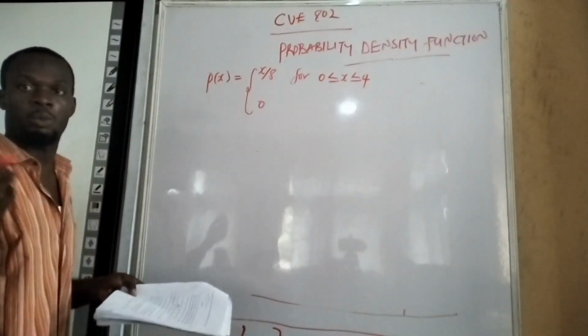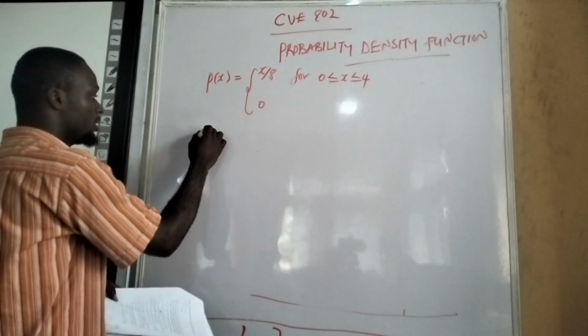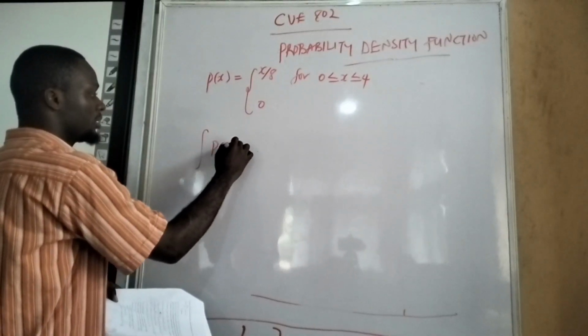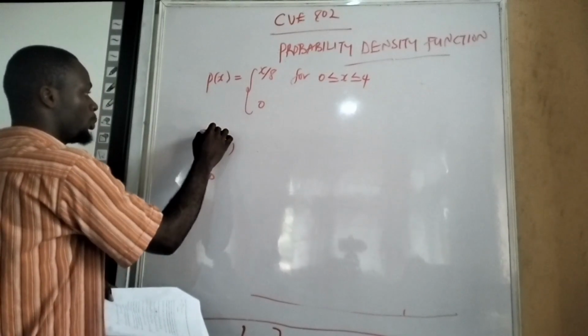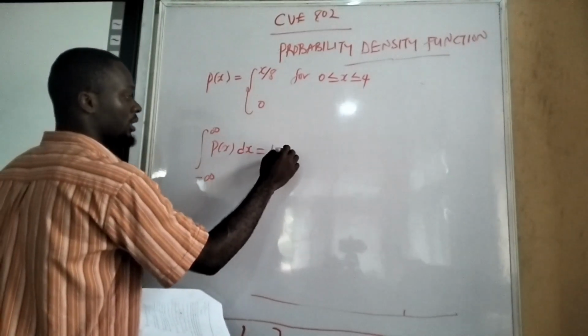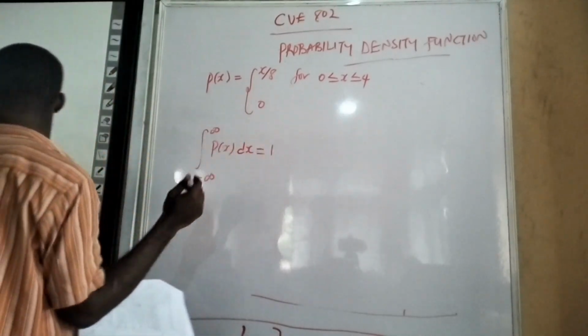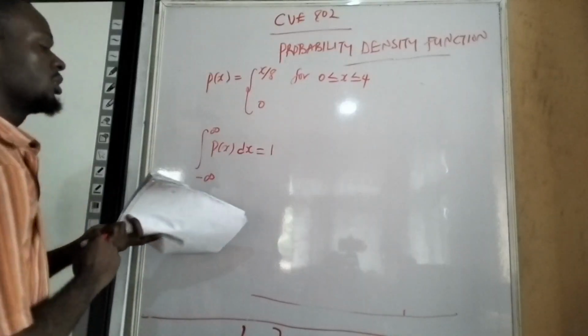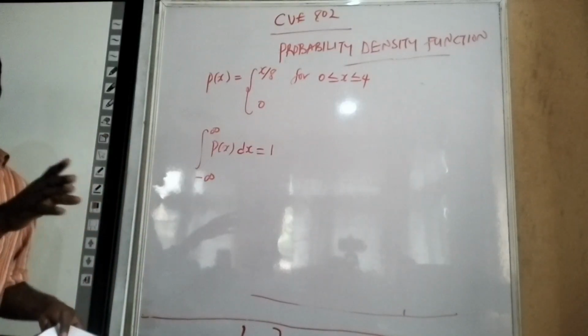You have to write these formulas, it carries marks. So to check, you have to integrate your p of x from negative infinity to infinity. If it gives you 1, it is continuous. So you state this before you start solving.